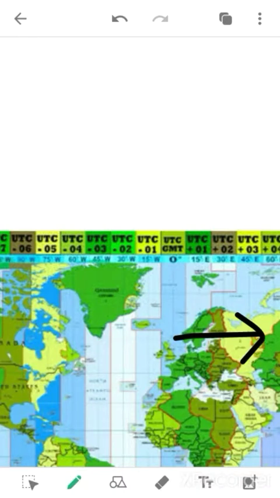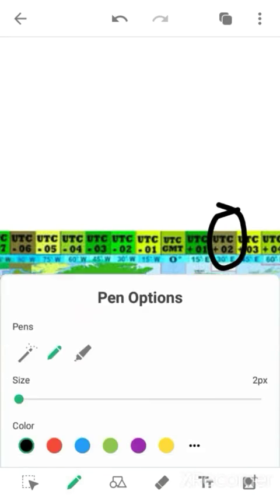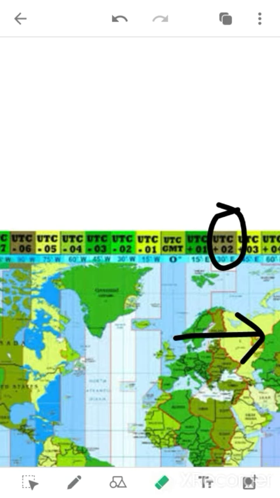Look here: UTC plus 1 time zone, UTC plus 2 time zone, UTC plus 3 time zone, like this. And exactly at the 180 degree meridian, look at this 180 degree meridian.